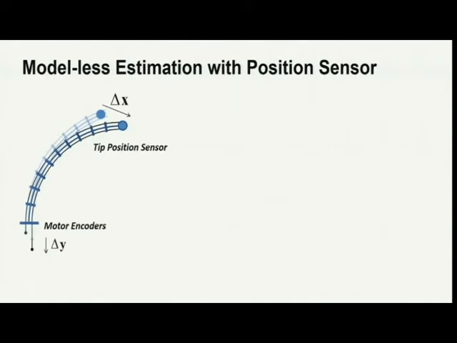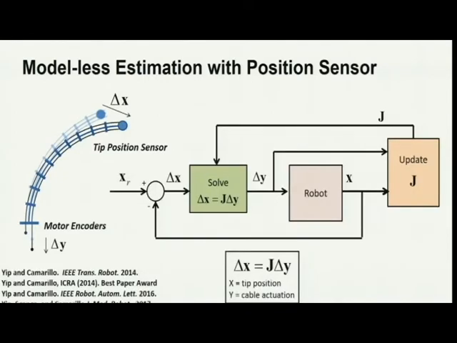Okay, so that was essentially what Michael Yip worked on during his PhD in my lab. And this is a very, very simple notion of learning, which is forget about the model altogether, and let's simply try to build a linear mapping between the displacements of the motors and the displacement at the tip. And what you can do with that is close a control loop that's an inverse Jacobian controller.